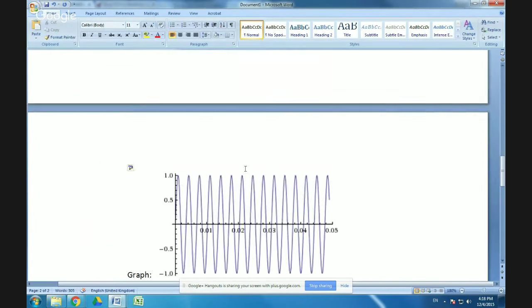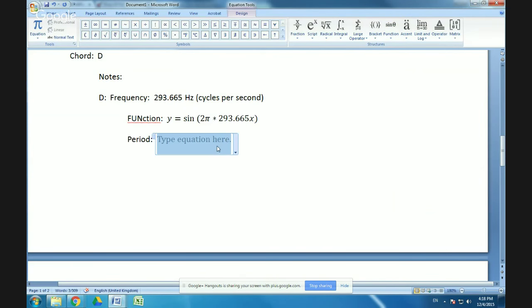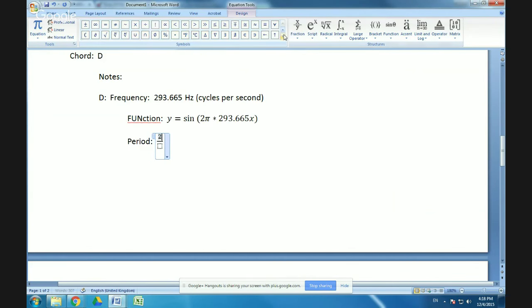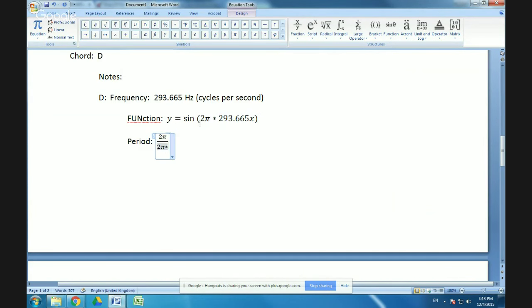I do also want you to put the period of the function in terms of math. Remember, that's 2 pi over k, where k is this string here. So my period is 2 pi over 2 pi times 293.665.